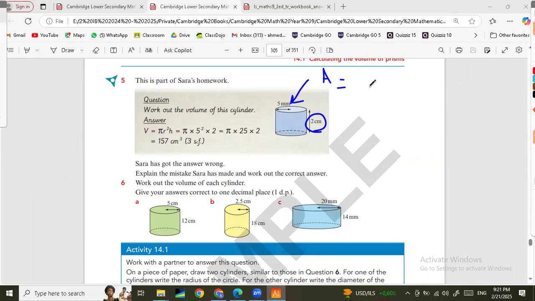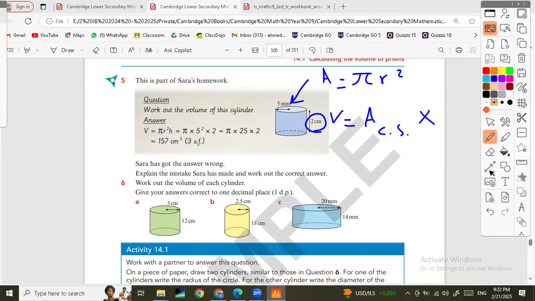The area of a circle is pi r squared. This gives us the area of the cross section. Then for the volume, you multiply it by the height of the cylinder, which in this example is 2.